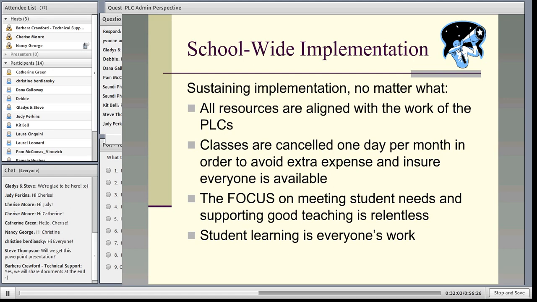And in Mike Schmoker's book, he talks about how important it is to keep things simple, basically. Simplicity, clarity, and priority.